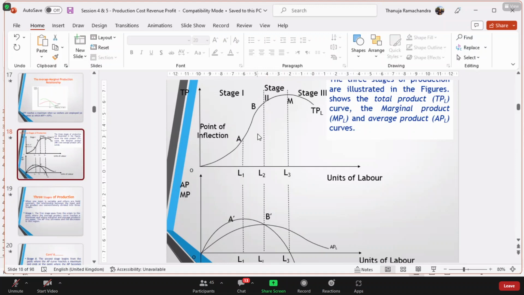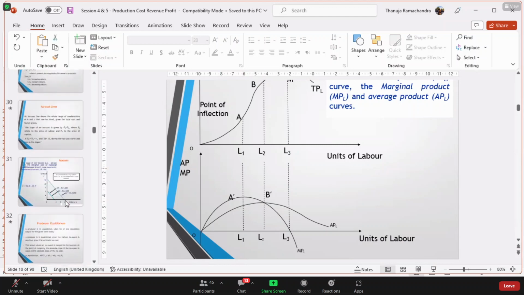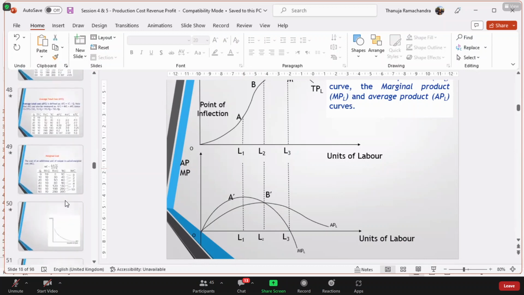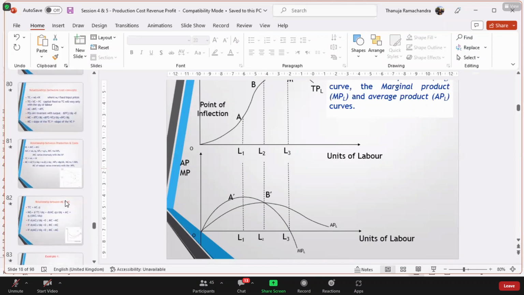If you take this second stage, what happens? Marginal product is decreasing. Average product is also decreasing. So if you convert this to cost, marginal cost is minimum, right? You remember this graph, and the opposite of this is this. There is a relationship between the marginal cost and the average.